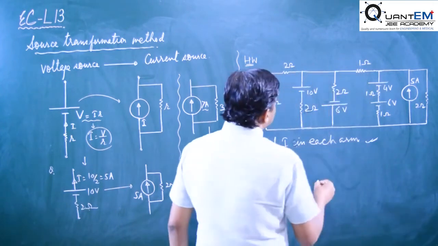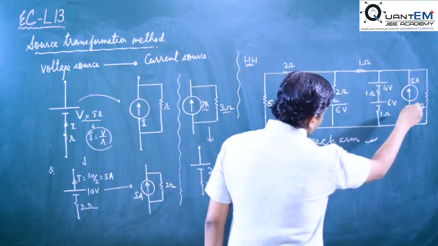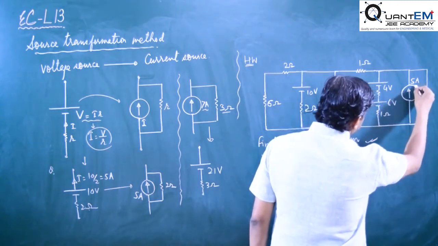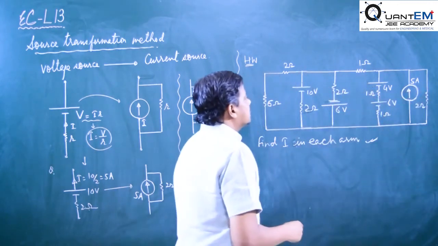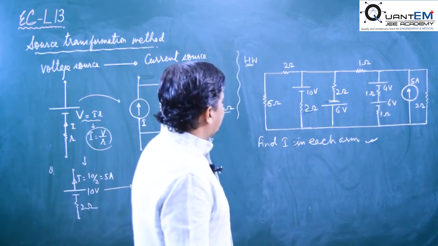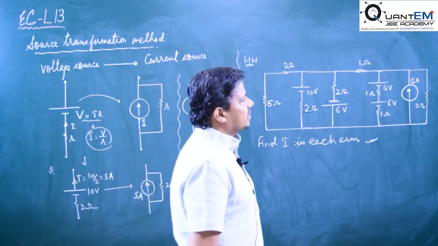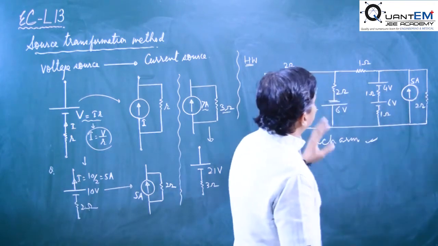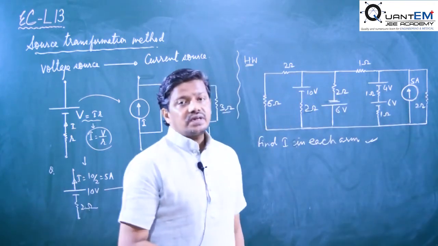Now see, these resistors we have given and we have taken a number of sources. Here we have a current source of 5 ampere. Now you have to find the current in each arm of the given circuit, and here the current we have given. In the other arms we have to get the values of currents.